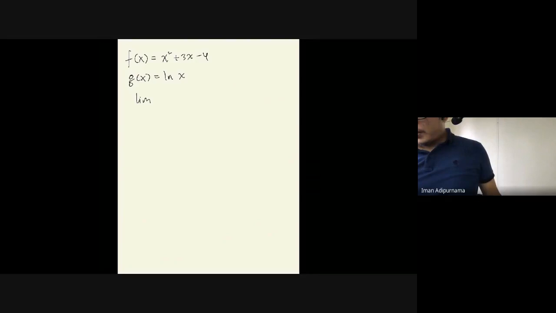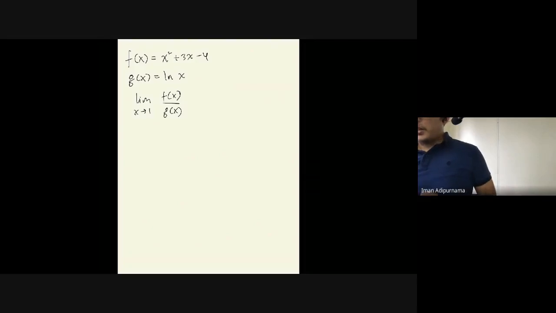If I have these two functions and the question is f over g, when you plug in 1, both functions become 0, and it's a 0 over 0 situation, which is applicable for the L'Hopital rule.